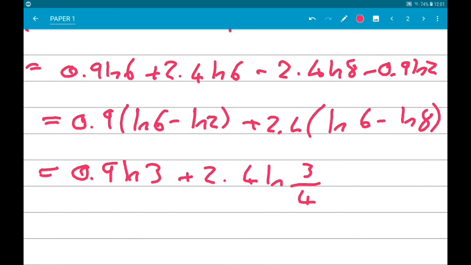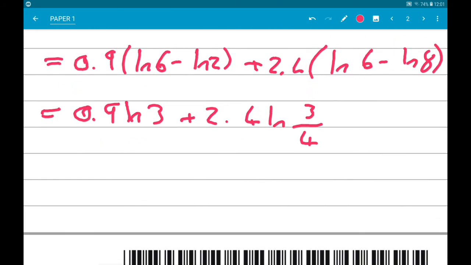Alright, now the log 3/4 is a log 3 minus a log 4. So we have 0.9 log 3 add 2.4 log 3 minus 2.4 log 4.